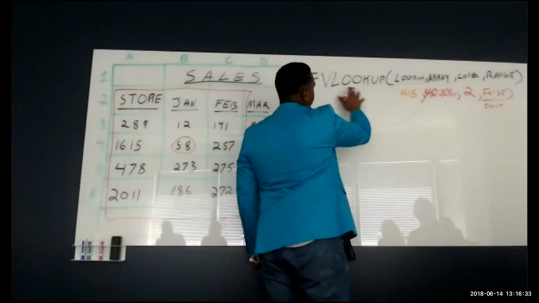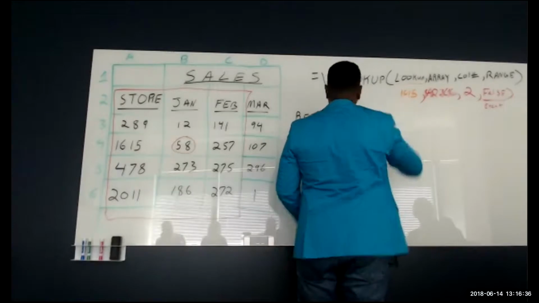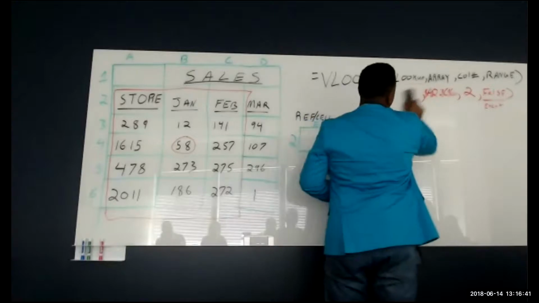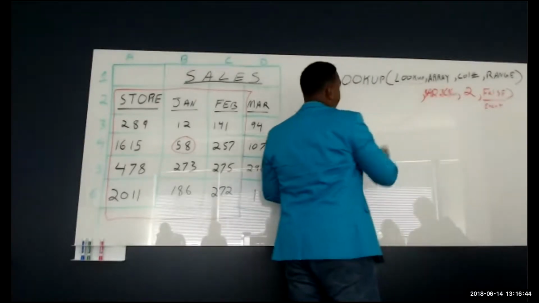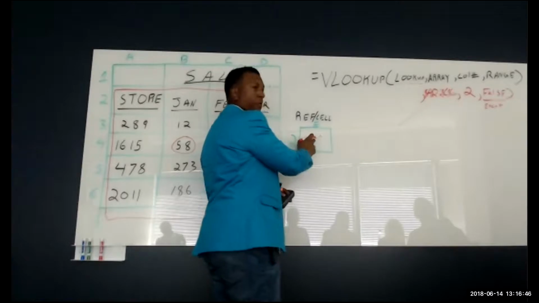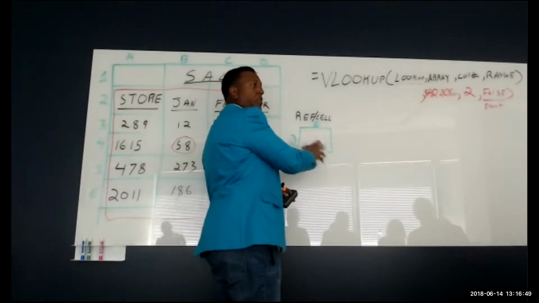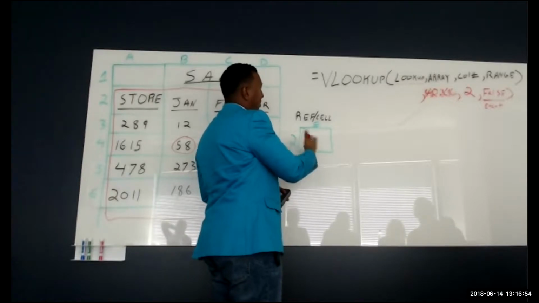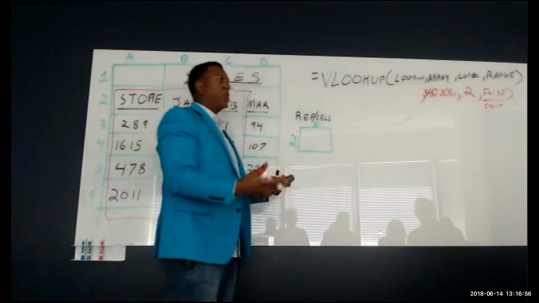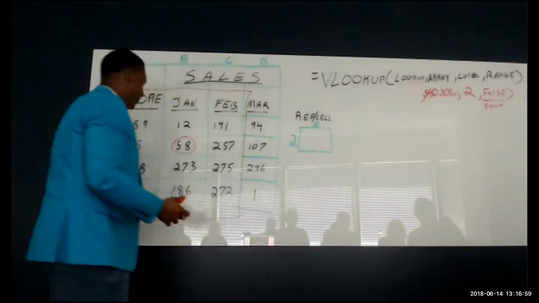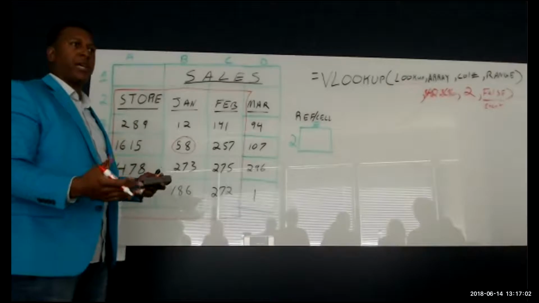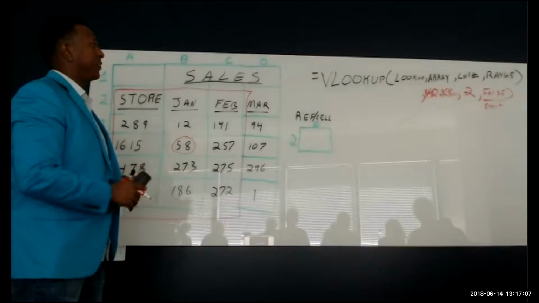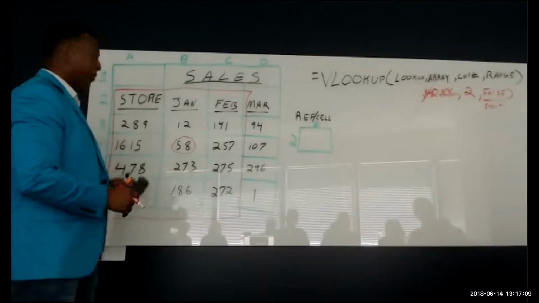VLOOKUP, lookup. What do you want me to look up? Last class we talked about, instead of typing it in the formula, we're actually going to use a reference cell. You can use this within a VLOOKUP as well. If you're in a meeting and somebody wants to know the sales of your stores, but it's not a formal report, it's an ad hoc request, and you have your financial model set up, and they say, what's the sales for January in store 478?